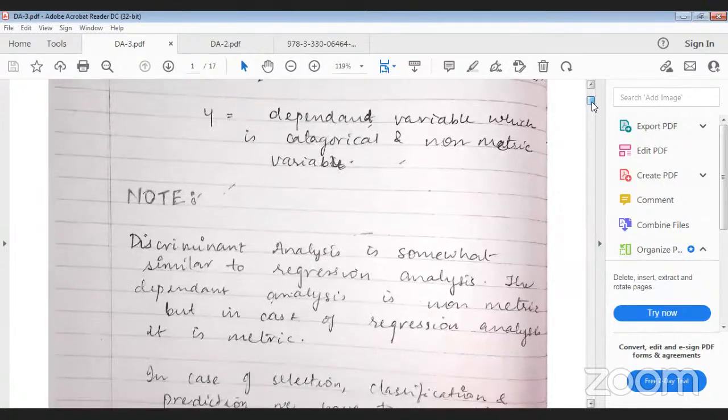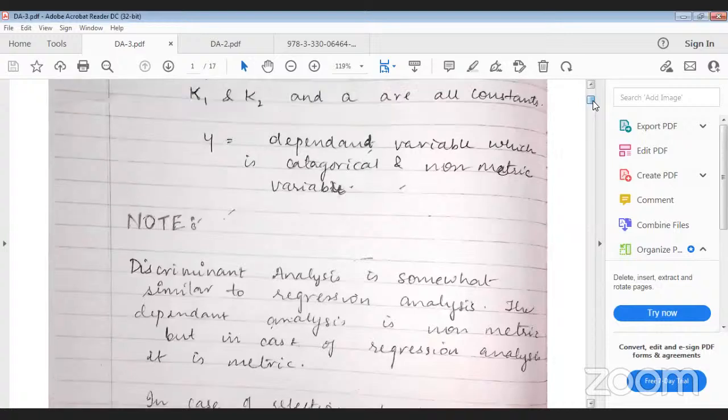So discriminant analysis is somewhat similar to regression analysis. What is the difference? In discriminant analysis, the dependent variable is non-metric or categorical, whereas in regression analysis, the dependent and independent variables should all be metric.